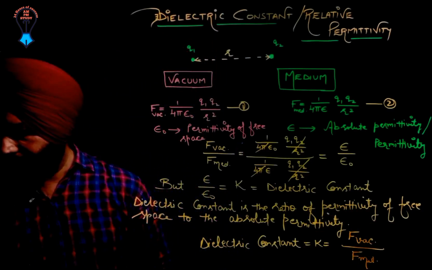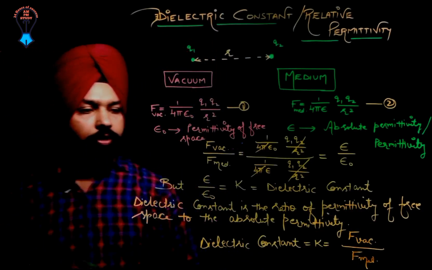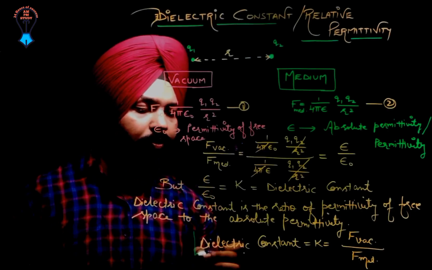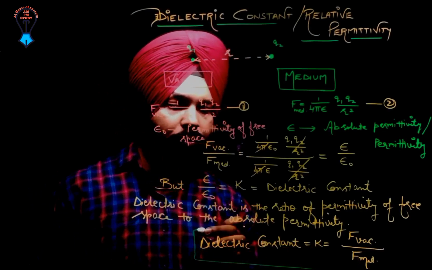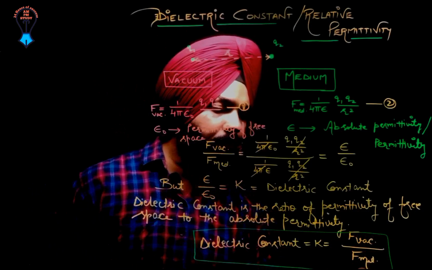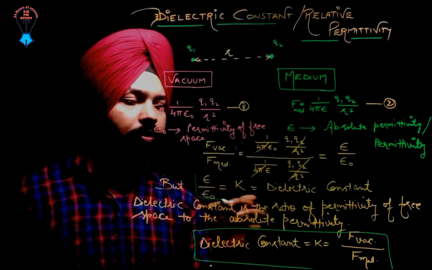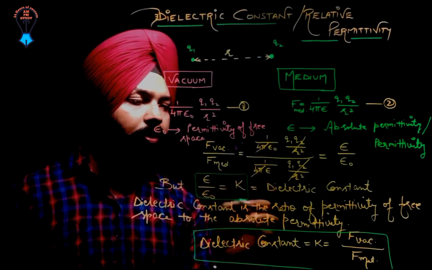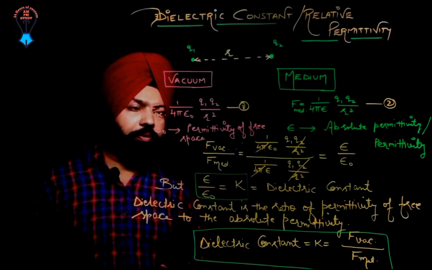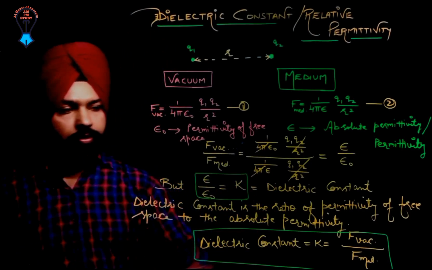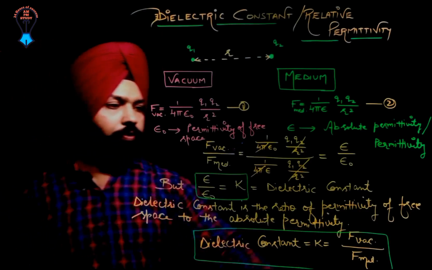So this is the relation for dielectric constant. This is also relation for dielectric constant, and this is also for dielectric constant in terms of permittivity, and this is the relation in terms of forces.